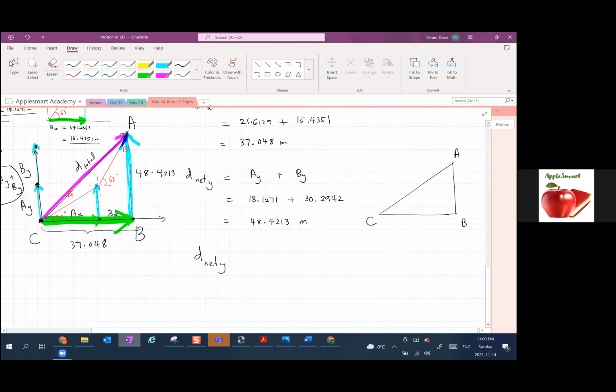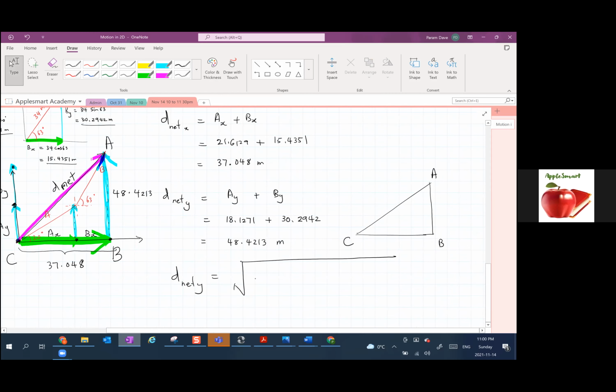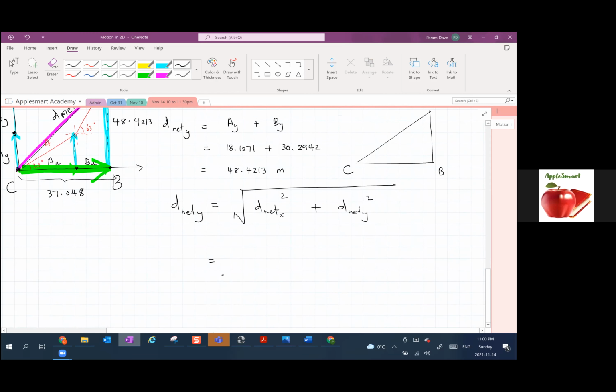Oh, you know what? I called it two different names. That's not cool. Basically, that's the D net over here. So that's going to be the square root of your D net X squared plus D net Y squared. Okay, so put in those values and find out the D net for me.